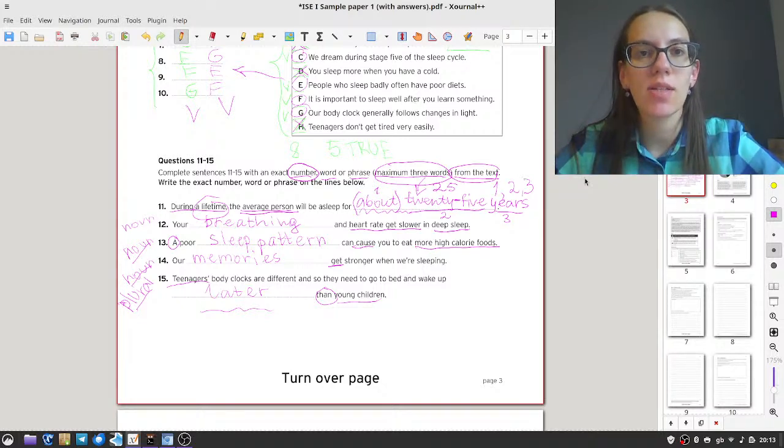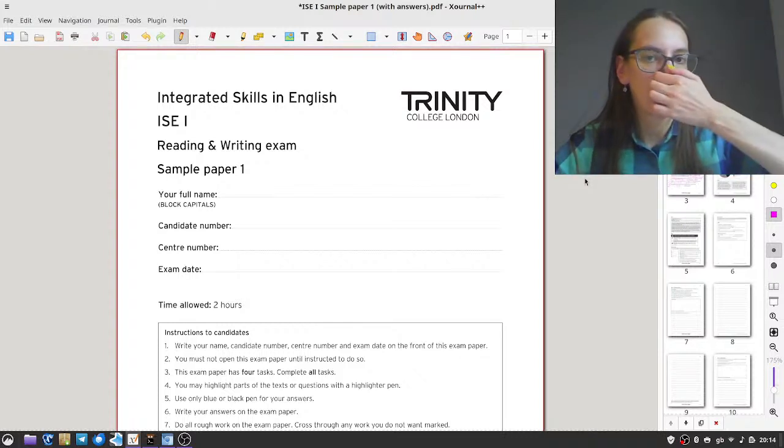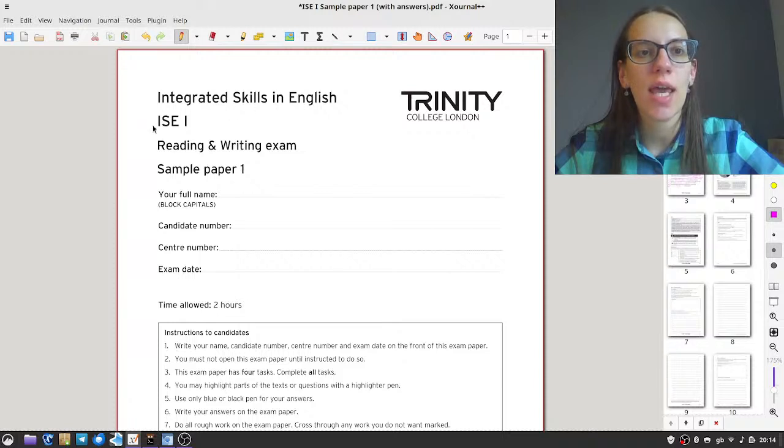Today we looked at a Trinity College London exam, one of the many exams they have. The one we looked at today is called ISE I, which is a B1 level exam, reading and writing paper of this exam.